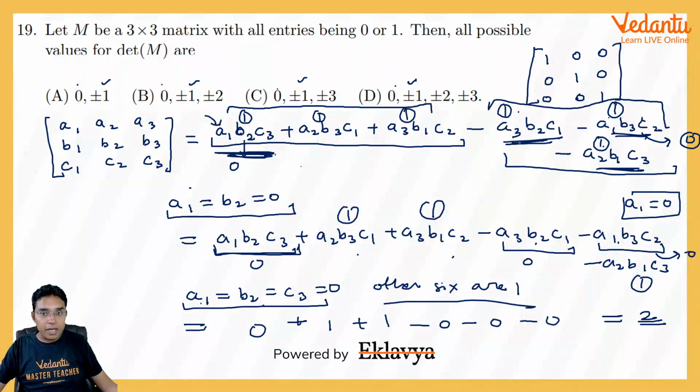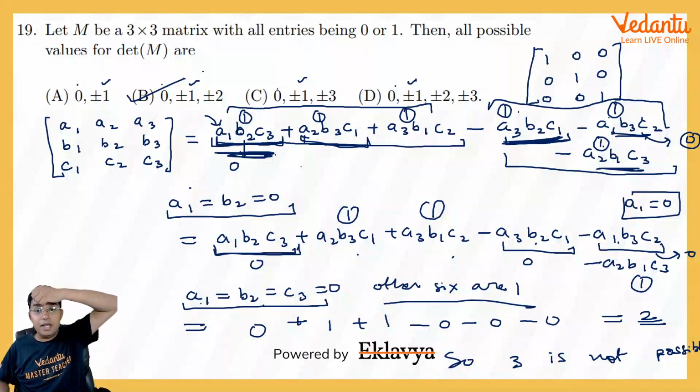But if you make any one of the elements of these 3 terms 0, it will impact the value of these 3 terms also. So you cannot have these 3 to be 1, 1, 1 and these 3 to be 0, 0, 0. So 3 is not possible. Okay, so the answer here would be, I think, B. It is not C, it is not D.